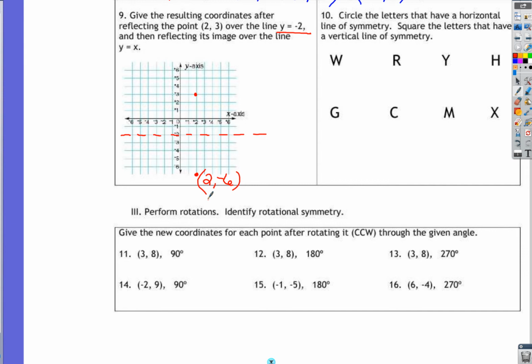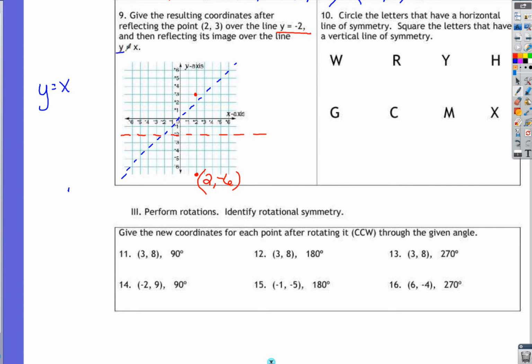Now I'm going to reflect it over the line y equals x. Hopefully this is blue. I drew my line of reflection. What's my rule to reflect over the line y equals x? The red one, I reflected over y equals -2.